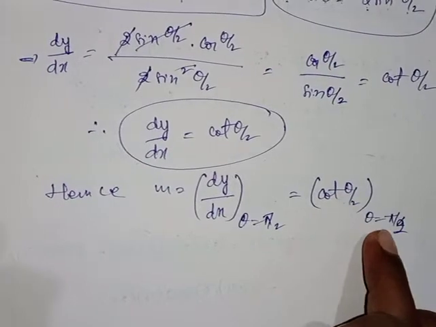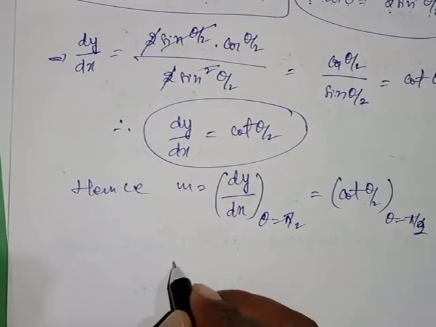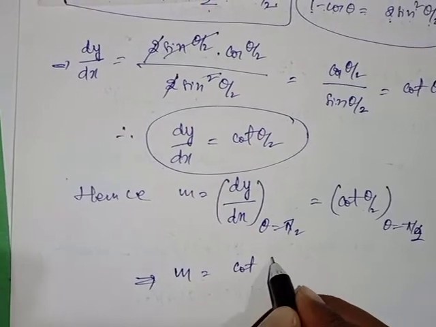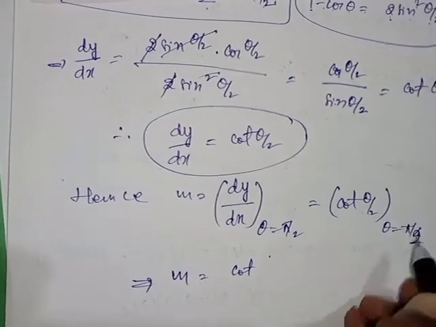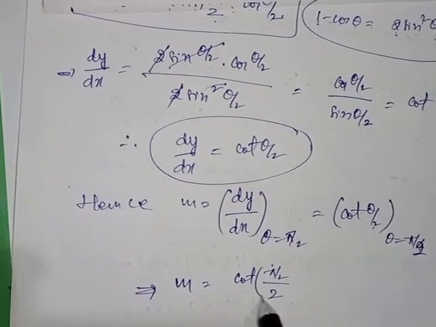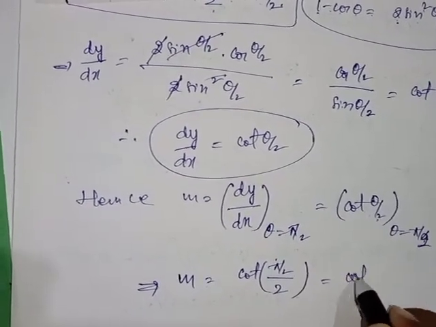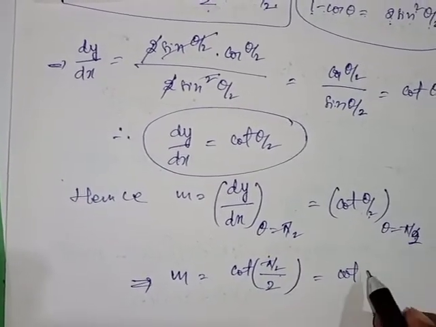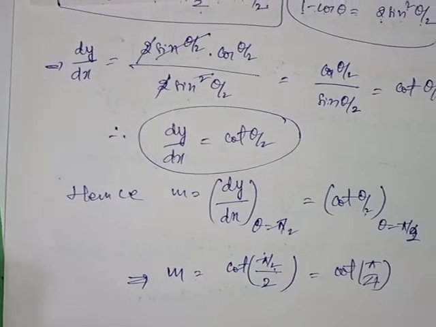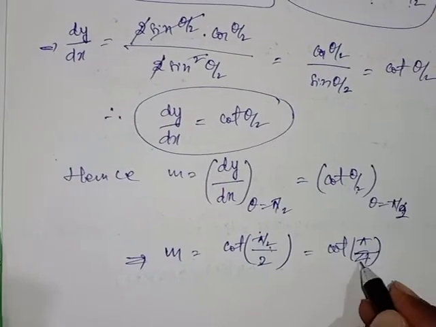Substitute theta is equal to pi by 2. That is, m is equal to cot of theta by 2, that is cot of (pi by 2) by 2, so it is cot pi by 4.